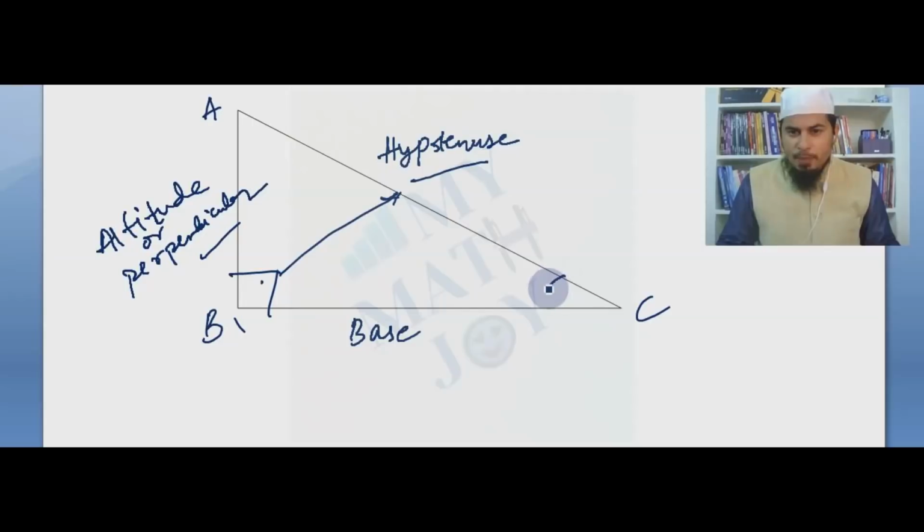Now with respect to angle C, this side is the adjacent side of angle C. Then this side with respect to angle C will be the opposite side of angle C.